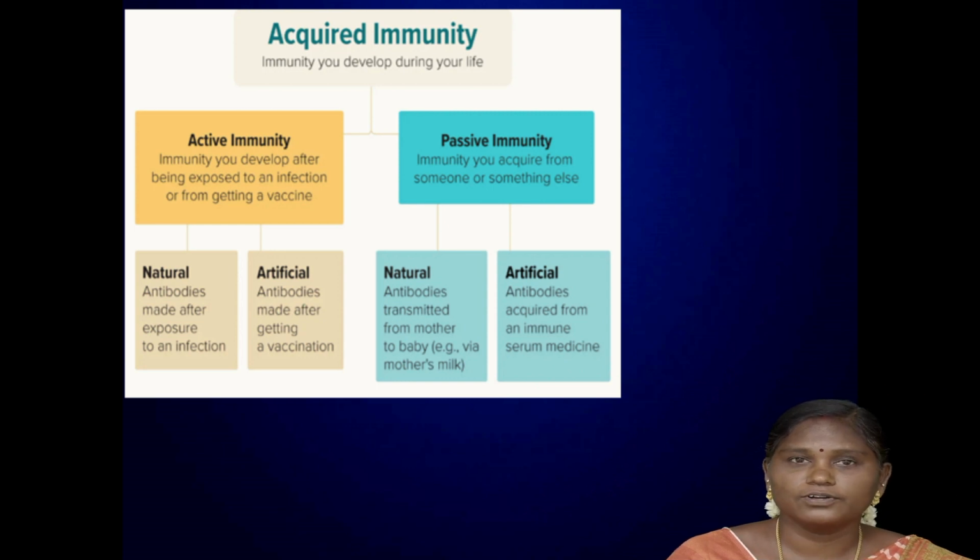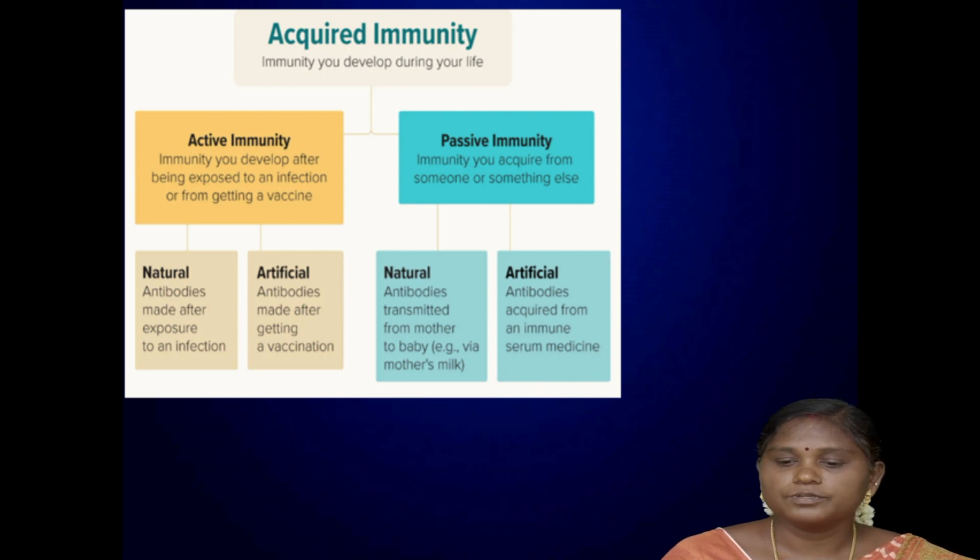That is called natural active immunity. Artificial active immunity means antibodies made after getting a vaccination. Nowadays we get vaccines for different diseases, and after vaccination there is production of antibodies. Understand, girls?